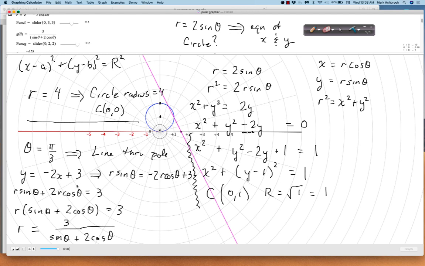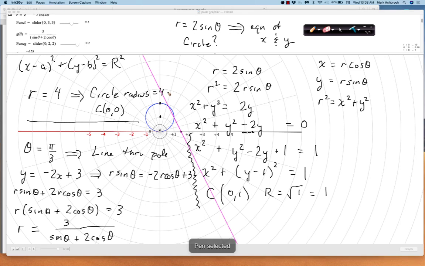It has a y-intercept of (0, 3). Now we're superimposing the Cartesian coordinates right on top of the polar coordinates. x equals 0, y equals 3 would be right there. There's our y-intercept. And then our slope in the xy plane is -2. So y changes -2 times as much as the change in x, and that means from left to right, heading down like this.